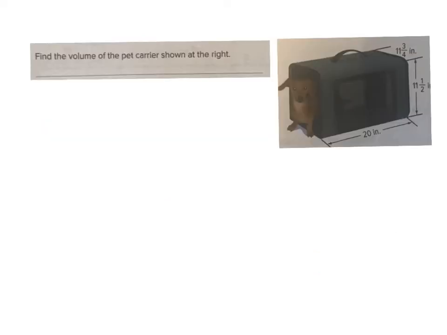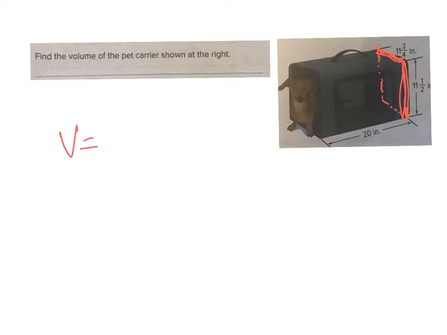This one has a little pet carrier, and you want to find the volume of it. So I'm going to say this right here is my base. If that's my base, it's 11 3/4 times 11 1/2.